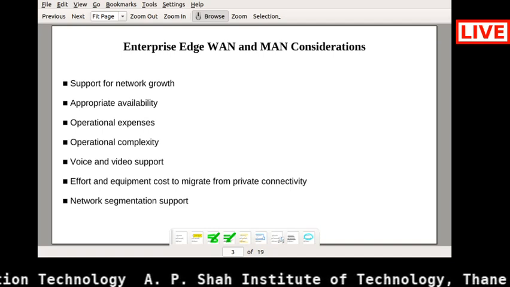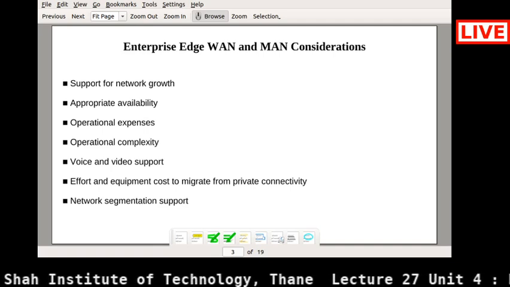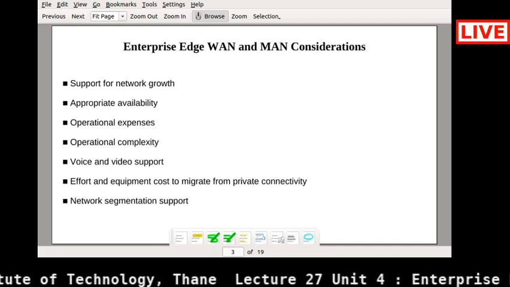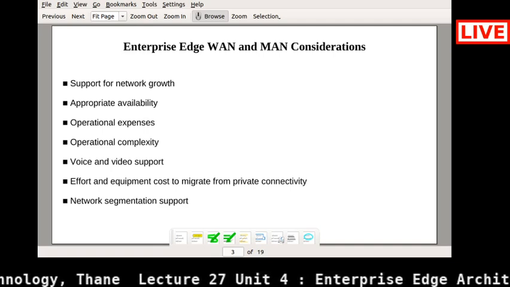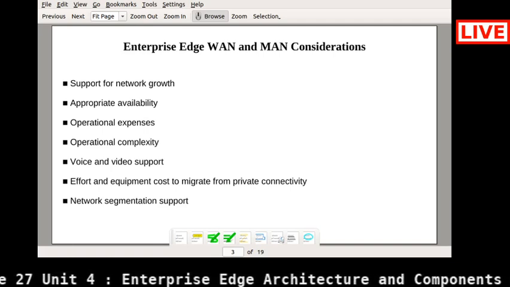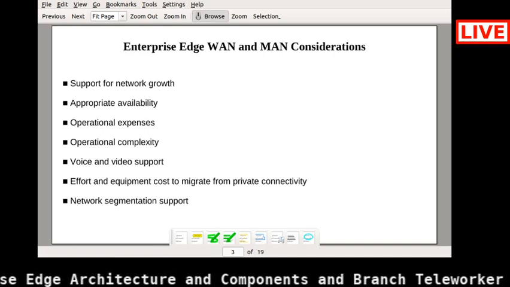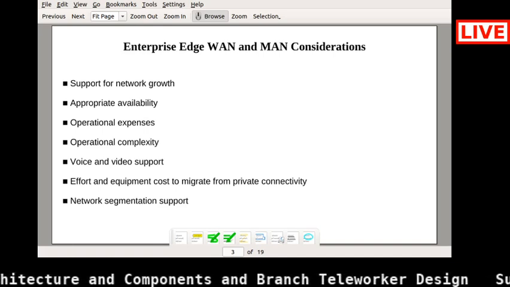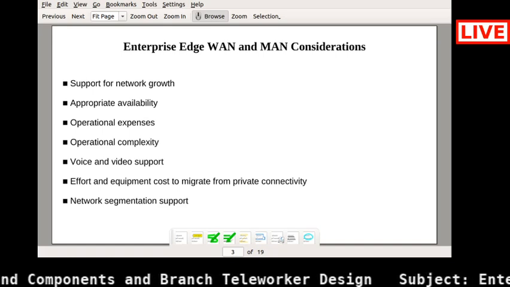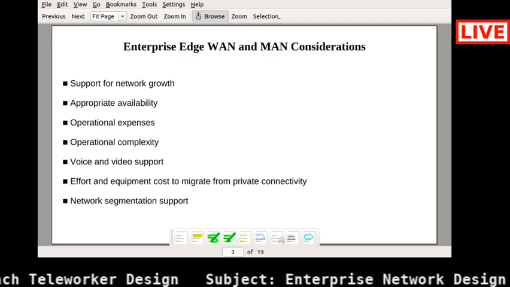For example, if you do VLANs or subnetting, it will isolate departments and partners and increase your security. All these things you need to keep in mind while designing the enterprise edge WAN and MAN design considerations.